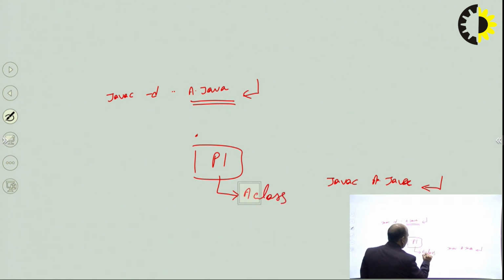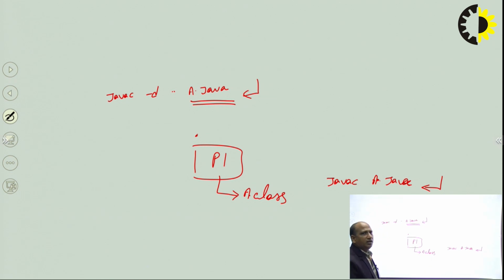It will compile and create a .class file, and that .class file will be saved in a package, in a folder named P1. It will automatically create it. But this package will be created at the same place where your source code file, the .java file, has been saved.